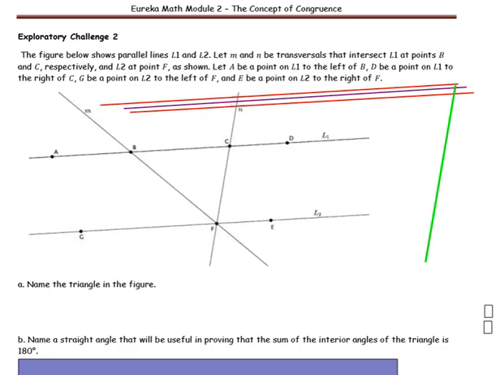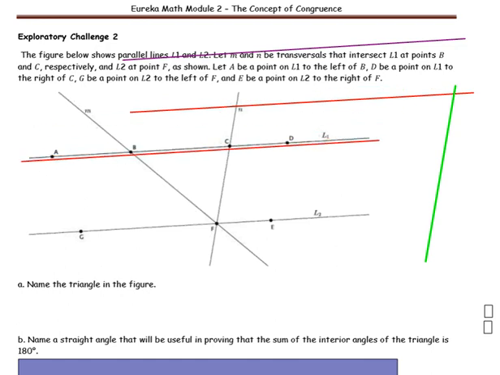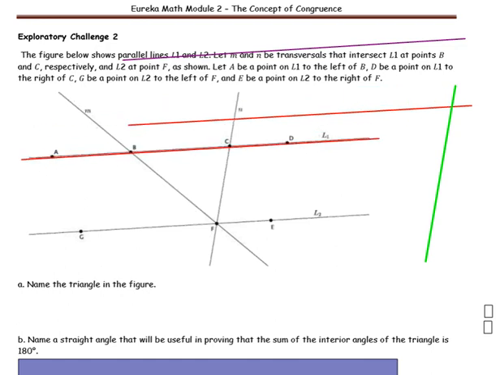In this next exploratory challenge, the directions at the top are simply explaining what the diagram looks like. So it says the figure below showing parallel lines 1 and 2. So here is, let's take this, and this will be line 1, and it is parallel to line 2.